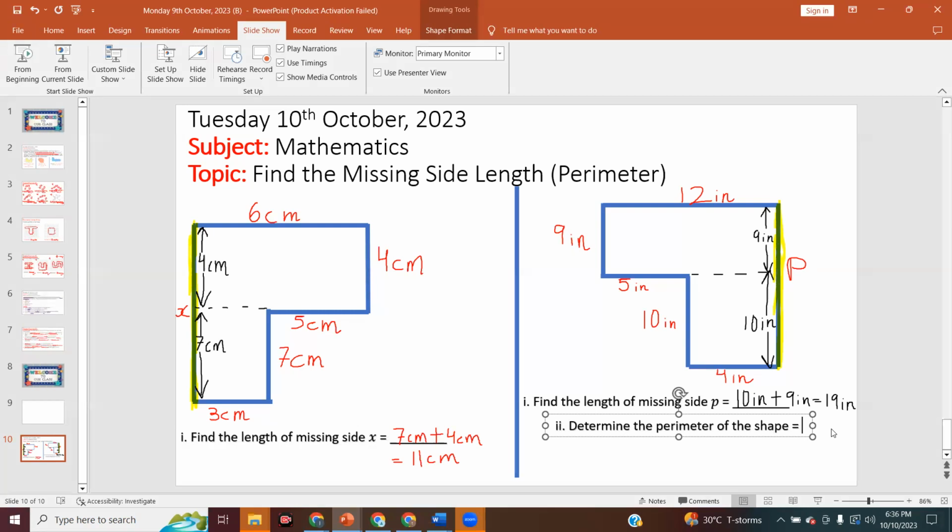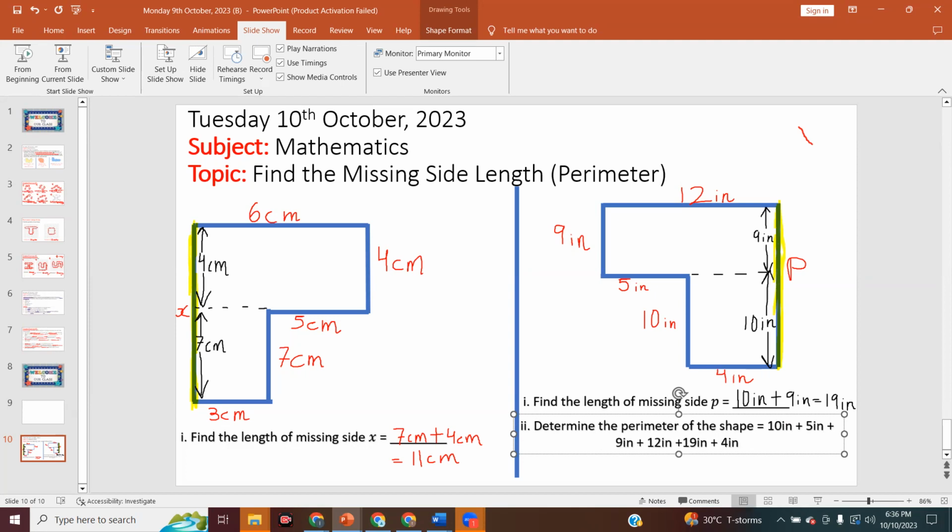So the perimeter, let's start with 10. It's going to be 10 inches plus what? Plus 5 inches plus what? Plus 9 inches plus what? 12 inches plus what? 19 inches plus what?